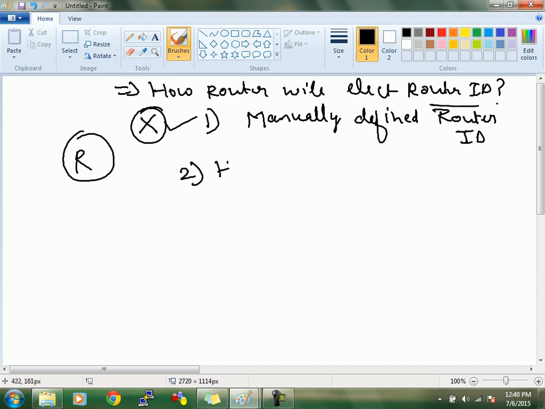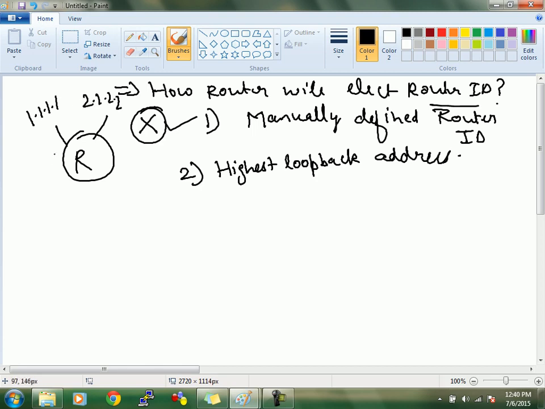Second preference will be given to the highest loopback address. Just think like I am having two loopbacks, 1.1.1.1 and 2.2.2.2. So which will become the router ID? 2.2.2.2. Why? Okay.